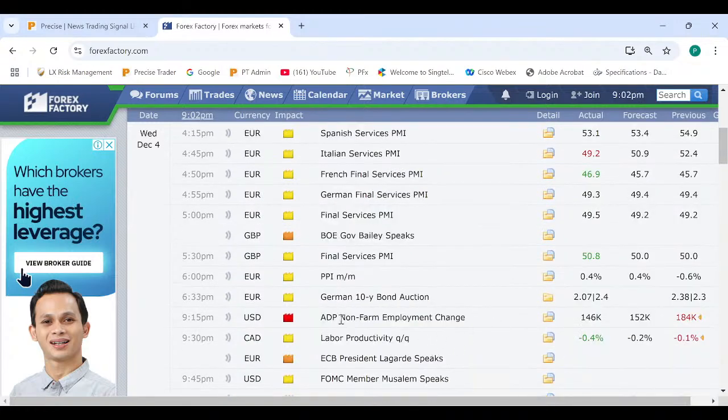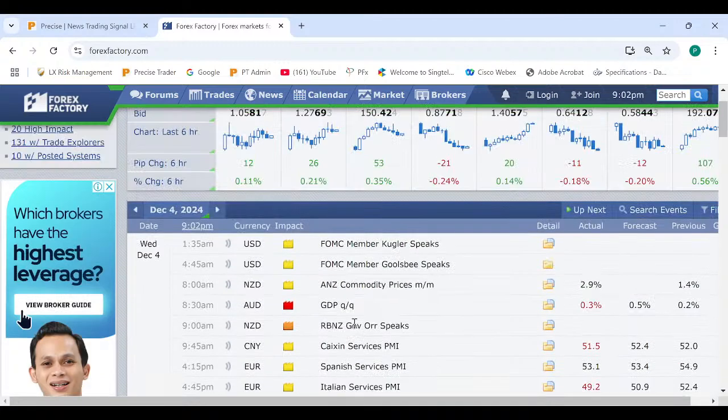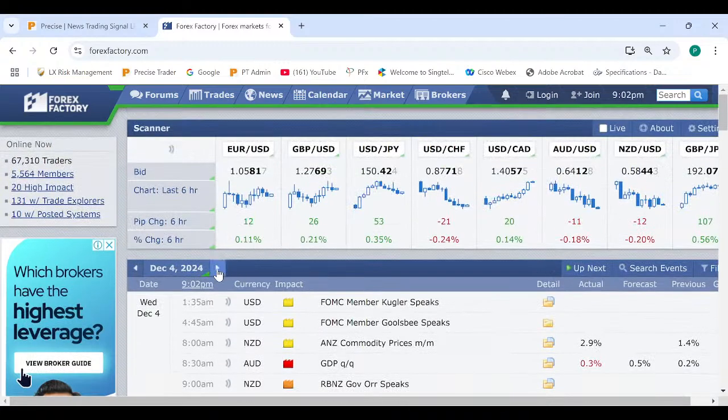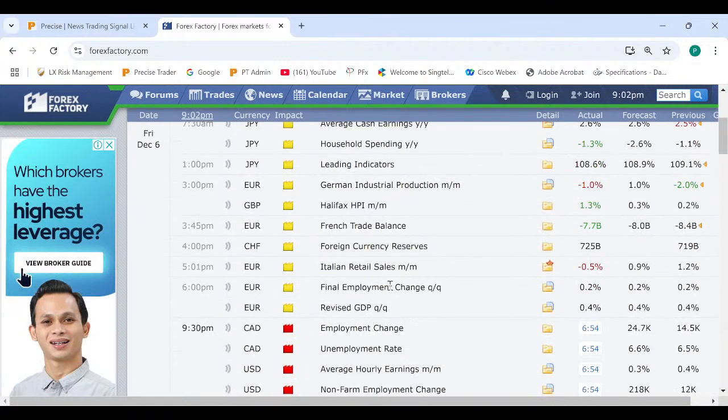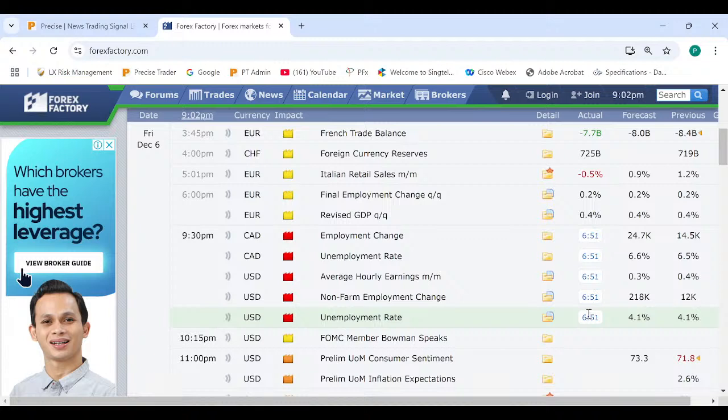So the ADP was about 146, which means there was a lot of job creation. So it looks like we may get a good figure, but I'm not sure whether we should get higher than what we see, or a figure that is slightly lower.